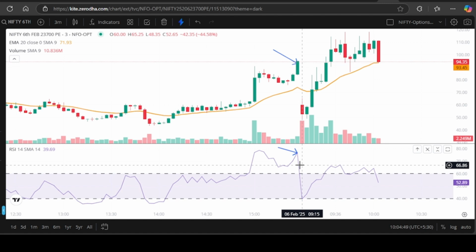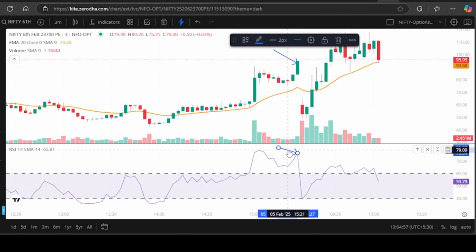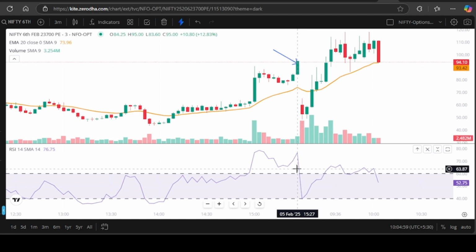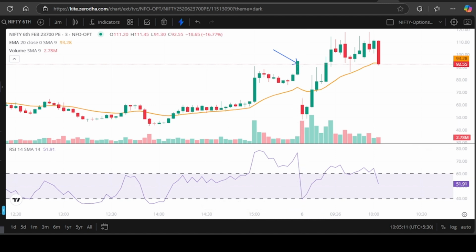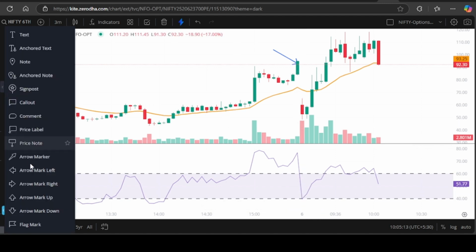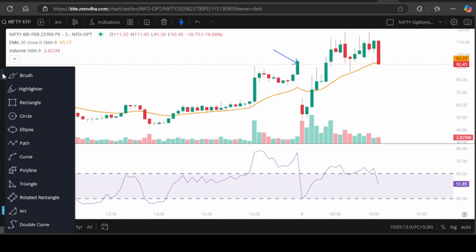Some people are scared of gap downs, but for me, in this strategy, it is like a boon. So now when I see a big movement in one single 3-minute candle, the next thing I'm expecting is for it to take support on the line 40 here. Let's show it to you all.